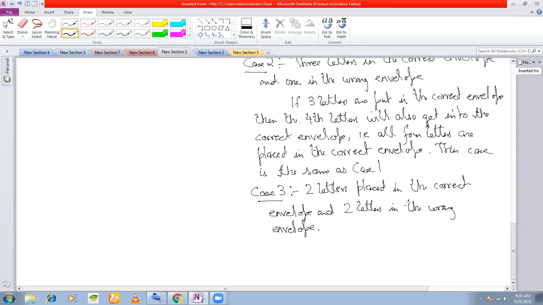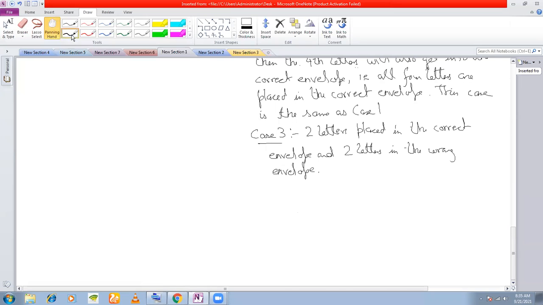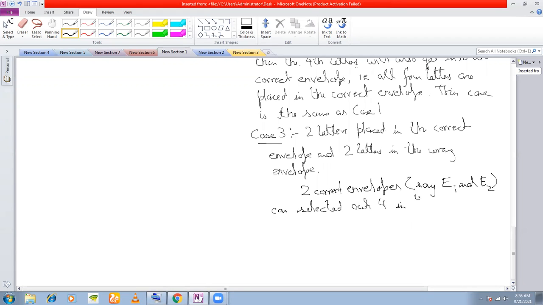How can you do it? First of all, two letters placed in the correct envelope, so two correct envelopes. Let's say E1 and E2. It can be E2 and E3 also, or E3 and E4. These can be selected out of 4 in 4C2 ways.